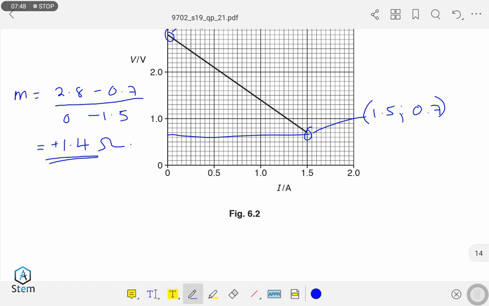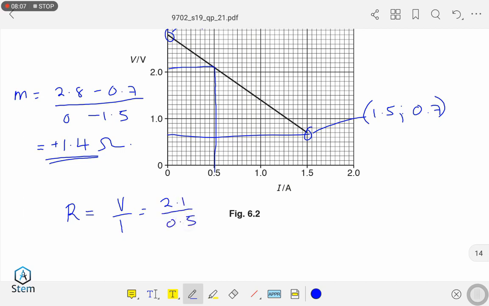V is equal to 2.1 here, and current is equal to 0.5 at the bottom there. So we can say R is equal to V over I, and this is going to give us 2.1 divided by 0.5.